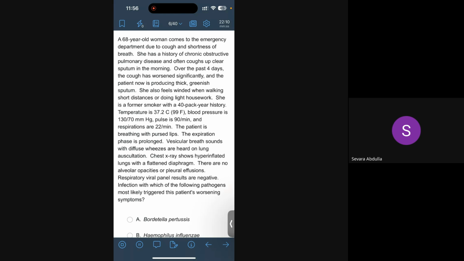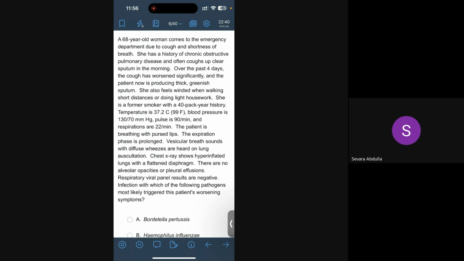A 68-year-old woman comes to the emergency department due to cough and shortness of breath. She has a history of COPD, often coughs up clear sputum in the morning. Over the past 4 days, the cough has worsened significantly, and the patient is now producing thick greenish sputum. She also feels winded when walking short distances or doing light housework. Former smoker with a 40-pack-year history.